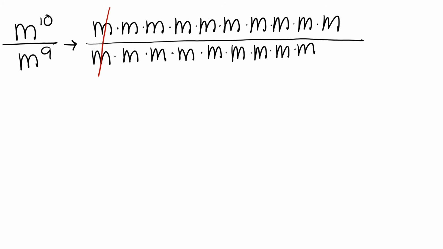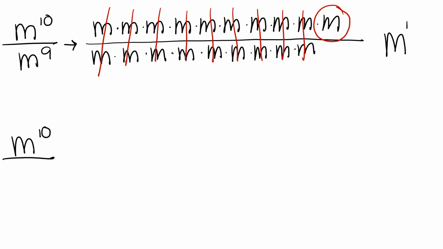We pair them up, top and bottom, and cancel them out. And see how many we have left over. Our base number m stays the same, and our exponent is simply 1.